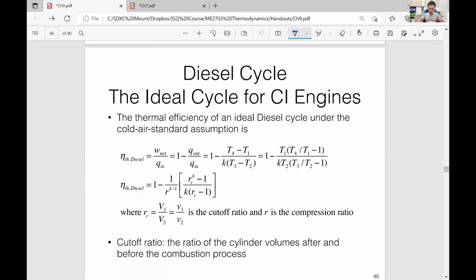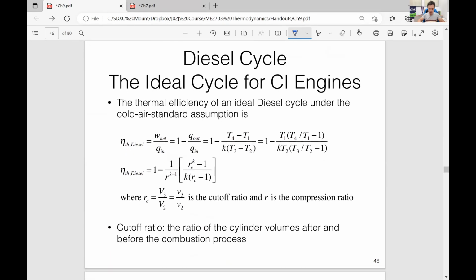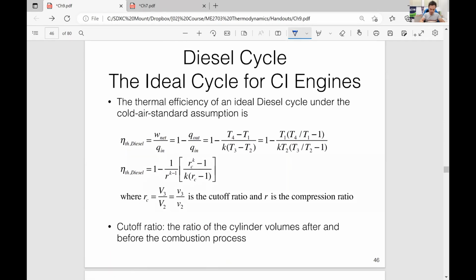Then the efficiency. All right, so this is a little bit complicated. Well, of course, the definition is the same: desired output over the required input. Okay, and the work output is Q in minus Q out. This is the same because this is the definition. However, things are different here.